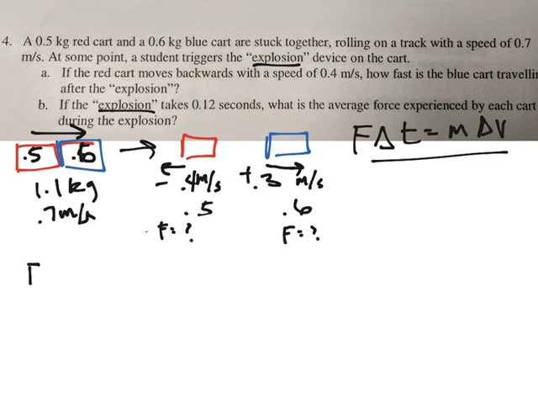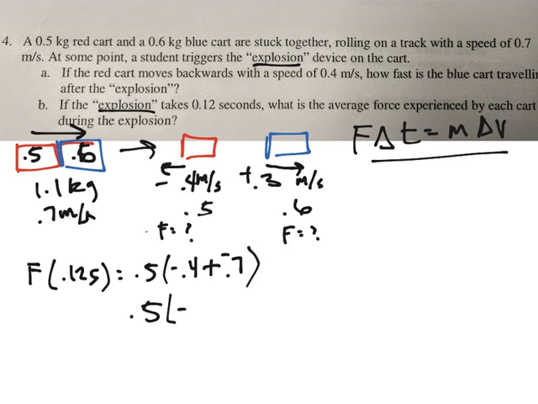We don't know the force. The time would be the same for each one of them. And then we know the mass is 0.5. And the change of velocity, remember, is the final velocity, or negative 0.4, minus the initial velocity, which is 0.7. So this is going to become a really negative number, so it's 0.5 times negative 1.1.